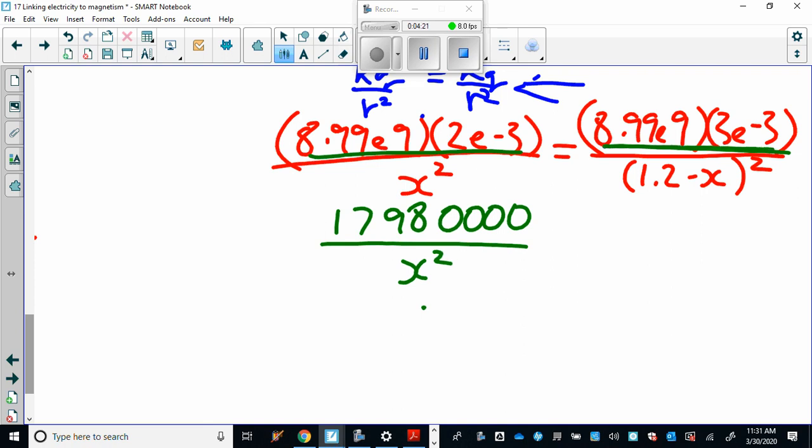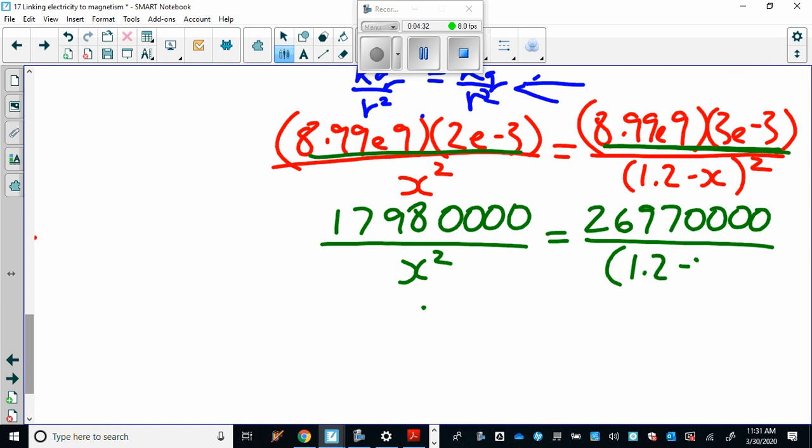And then multiply this out. That's going to give you 2,697,000 over, and we're just going to leave this. We're not going to multiply it out, because if you multiply it out, then it gets very complicated.